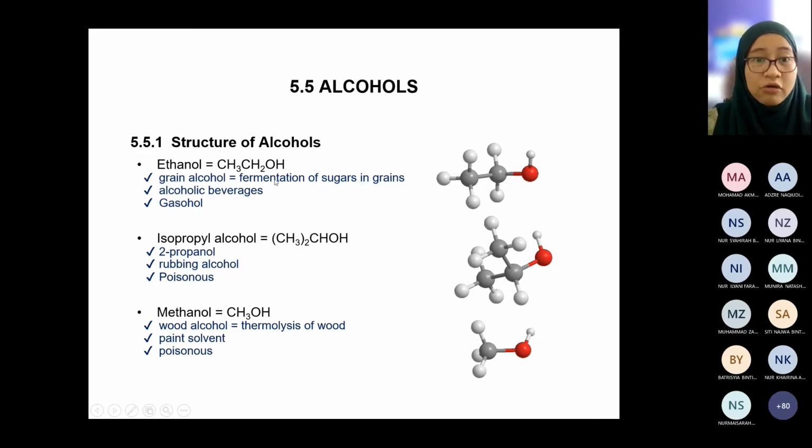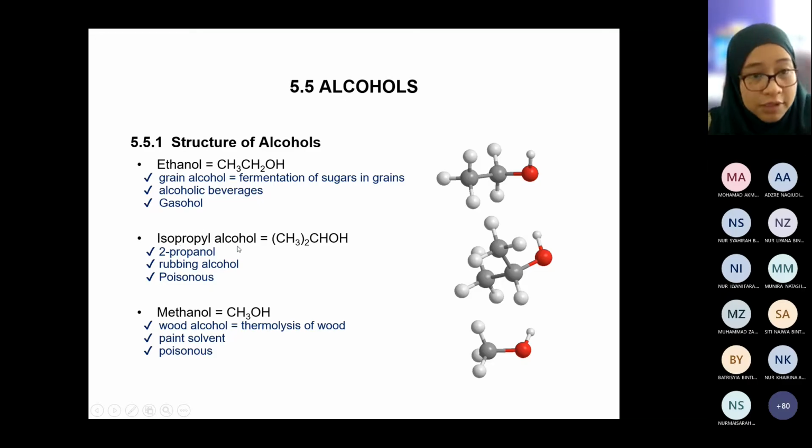So we can obtain alcohol through fermentation. It is normally used as alcoholic beverages. It can also be used as gas for transportation, an alternative to fossil fuel. So ethanol can be used as fuel, but this is still under research.